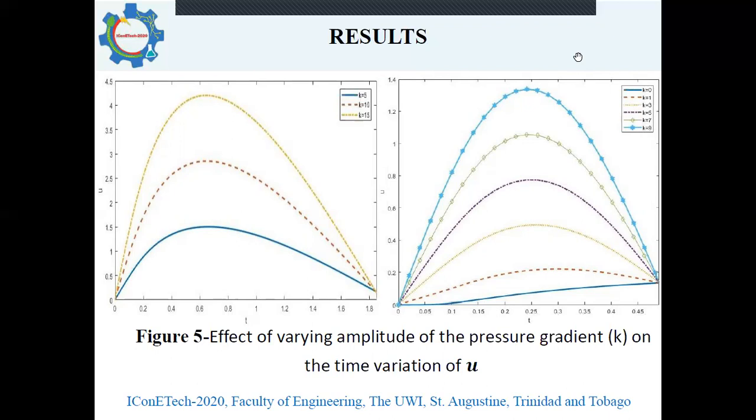Here, it increases faster than when the frequency of oscillation is equal to 0. Our second diagram shows when the frequency of oscillation is increased to 5. Here, as the amplitude of the pressure gradient increases, our velocity continues to also increase. Here, our oscillation is faster, giving free flow when the amplitude of pressure gradient is equal to 0.